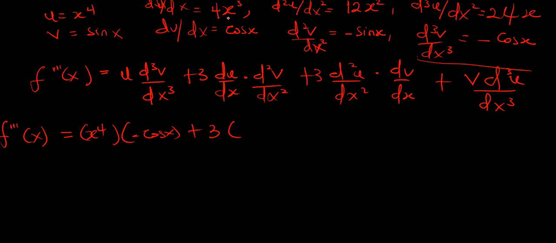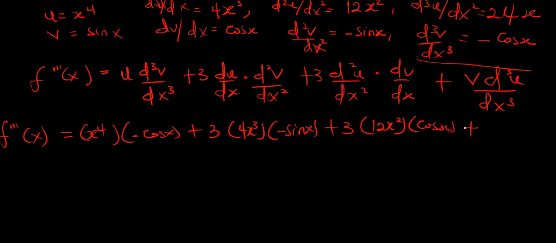Here our du over dx is 4x³. So 4x³ multiplying d²v over dx², which is negative sine x, plus 3 multiplying d²u over dx², which is 12x². 12x² multiplying dv over dx, our dv over dx is cos x, plus our v, which is sine x, multiplying d³u over dx³, which is 24x here. So 24x. Okay.